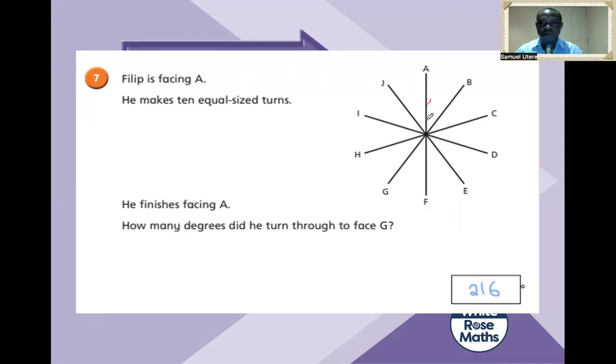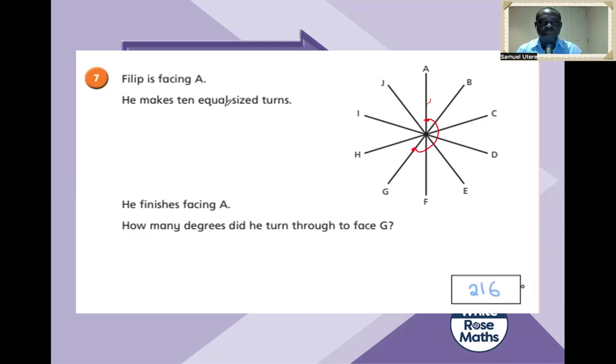He makes 10 equal sized turns. And then when he finished, he was now facing G. So he was facing A, and then he's now facing G. So the answer will be 216 degrees.